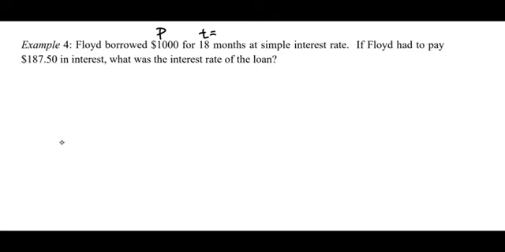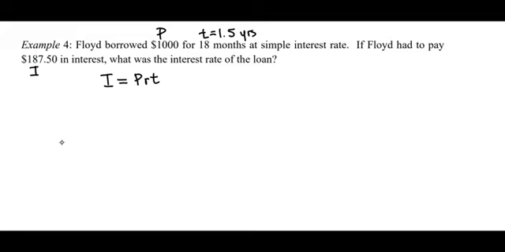And then we have to convert 18 months into years, so 1.5 years. Okay, simple interest rate, we do not know what the interest rate was, but we do know that 187.50 is what he had to pay in interest, so that was I. So again, I equals PRT. So we have the P, T, and I, and we are going to find the R.